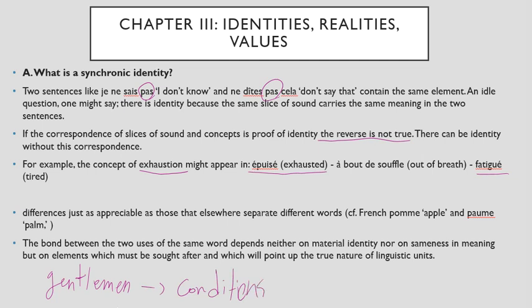Here, for example, you don't know what condition I'm in when I'm in a meeting and I'm shouting gentlemen, but different conditions mean different meanings and different identities. So the word gentleman doesn't have the same identity when I repeat it two times. That's what we mean by this sentence, that it doesn't depend on similarities of meaning or sound. I can repeat the same thing with a little phonic difference but the same meaning, but the different identity is going to be there. So there's not an exact correspondence.